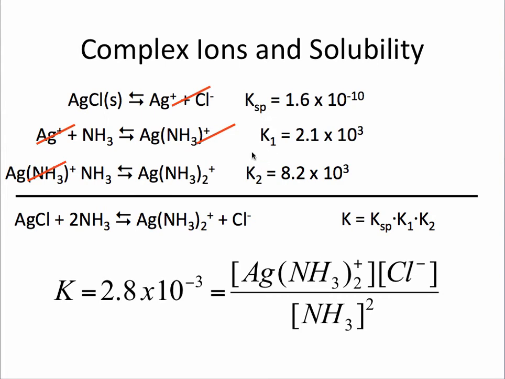And here we just use standard rules related to equilibrium processes. If we want to find the K for the overall process, it's nothing more than combining these 3 individual processes to give us the overall reaction. Well, the K value is just the product of those 3 unique K values.